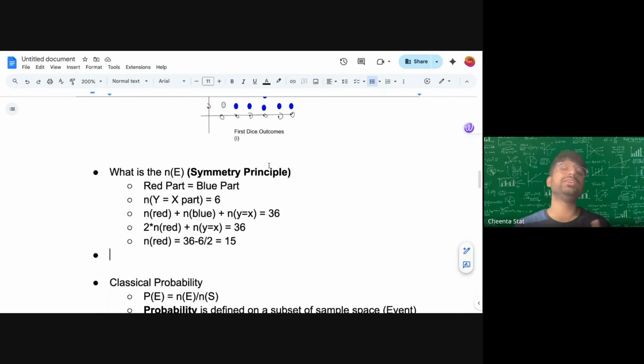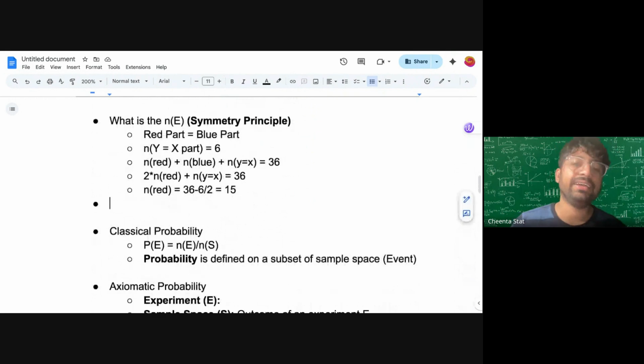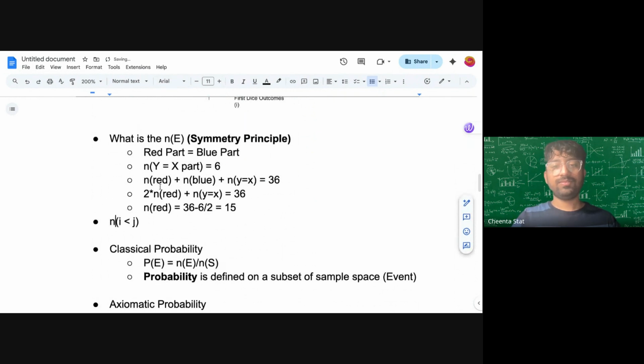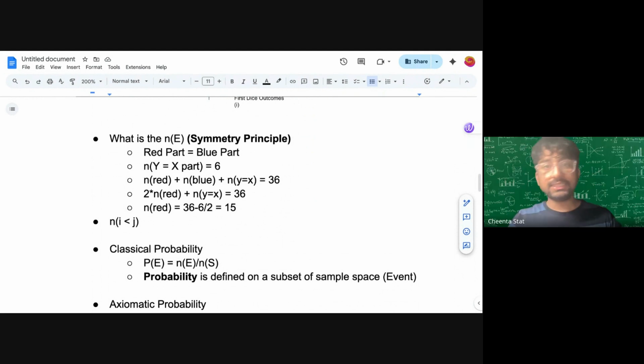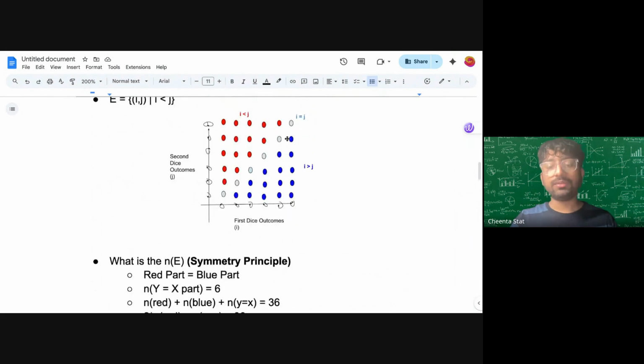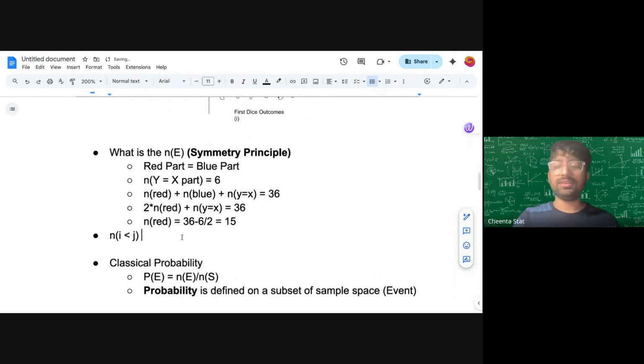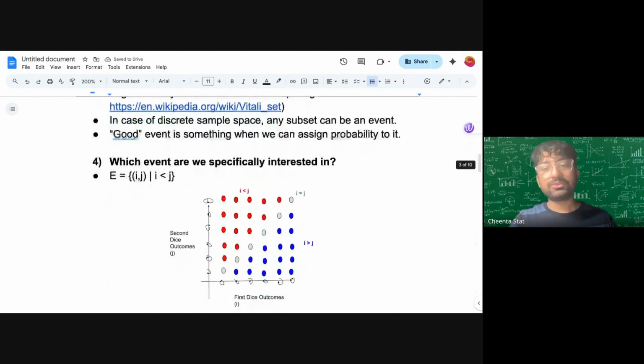So how do you do it using a combinatorial way? I less than j. It's simple, it will be that upper triangle. You can count it, but can you do it in a quick, interesting combinatorial way? It's the upper triangle, absolutely.